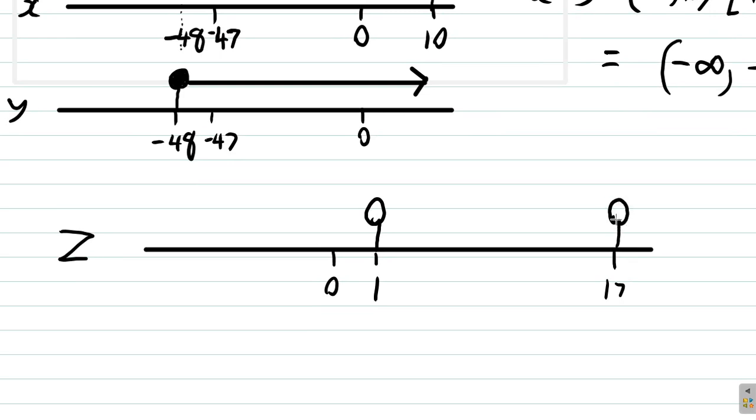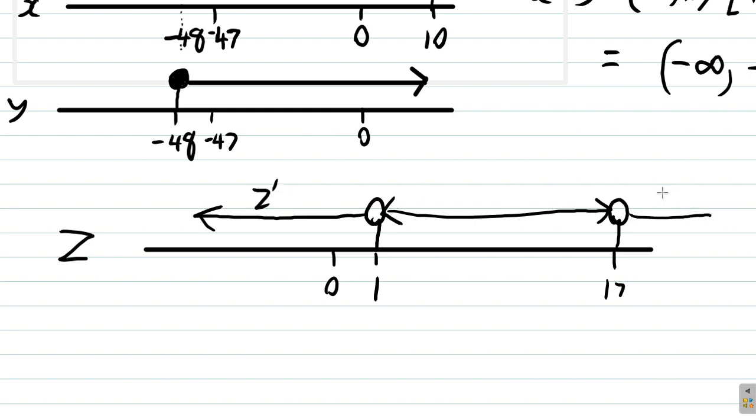So z would be between 1 and 17. The complement of z would be 1 or below, as well as 17 and above. That's z complement.